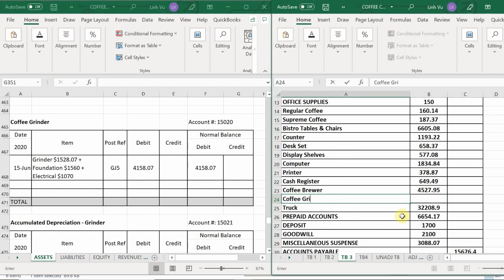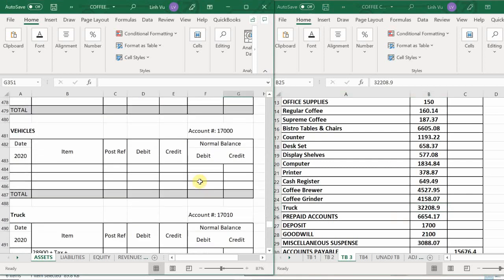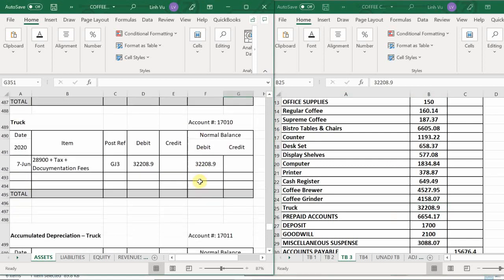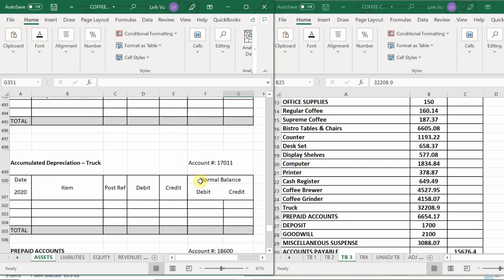Yes, we created the account. How much is my coffee grinder? 4,158.07. Okay, good. All right. Vehicles. Do I have a truck? Yes, we have the truck before. 32,208. Good. The same.